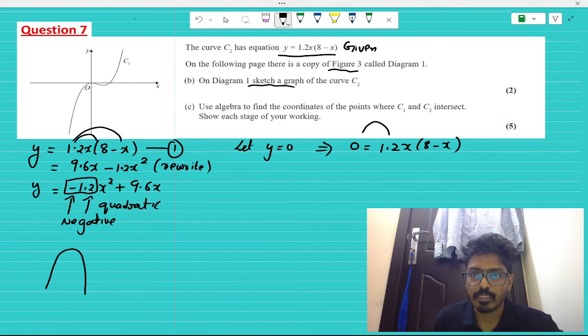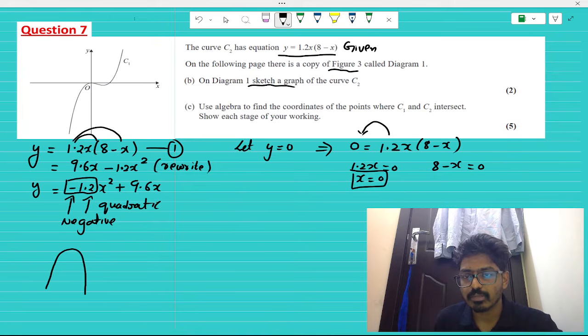So 1.2x is equivalent to 0 and 8 minus x is equivalent to 0, right? From here I can say x is 0, and from this part we get x is equivalent to 8. So it is very clear that our coordinates are (0, 0) and (8, 0).